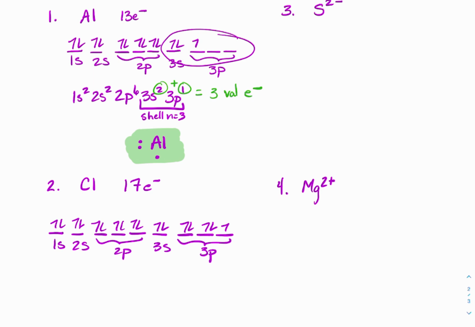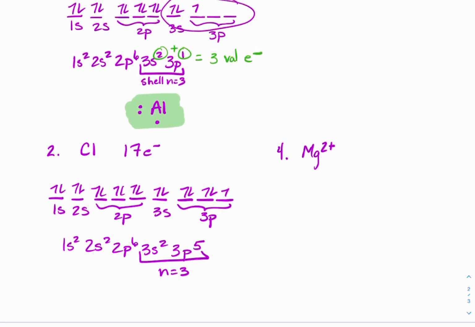And so from our electron configuration, you have an electron configuration that looks like such, where, oh, I'm sorry, that should be 5, where the last shell, again, is the n equals 3. So we sum up the total of all of those electrons, 2 and 5. That's going to give you 7 valence electrons.